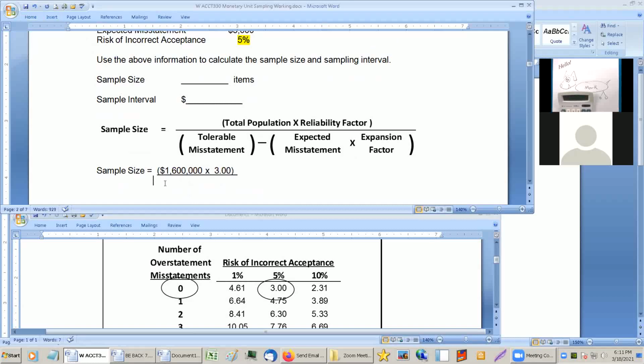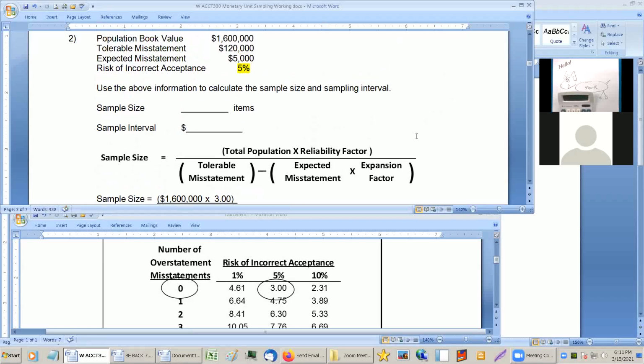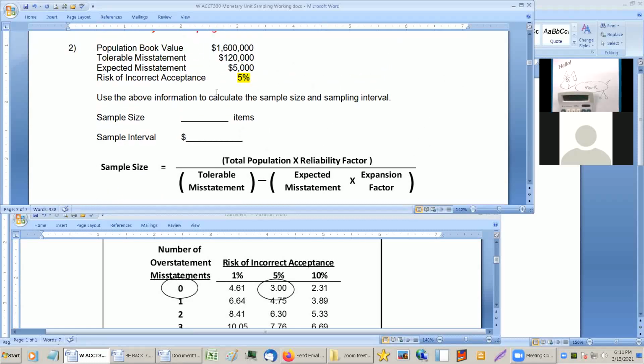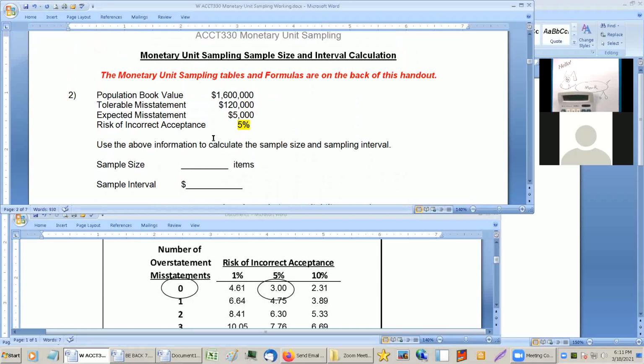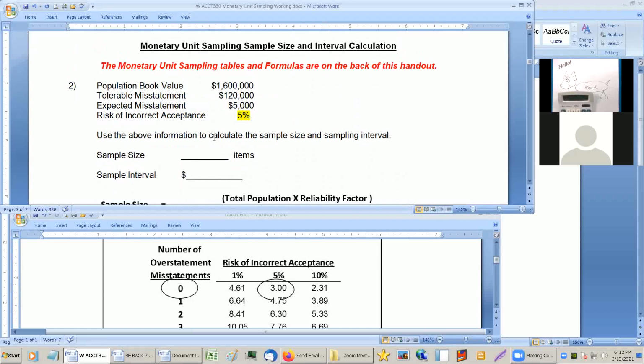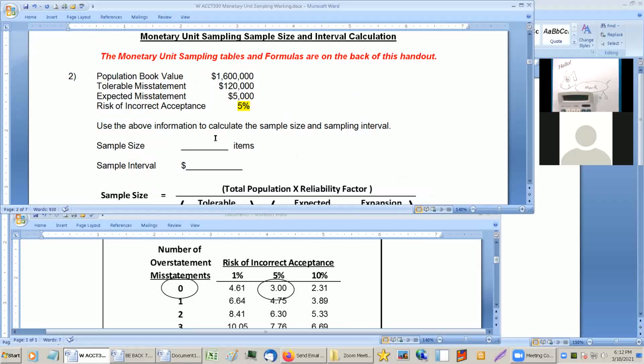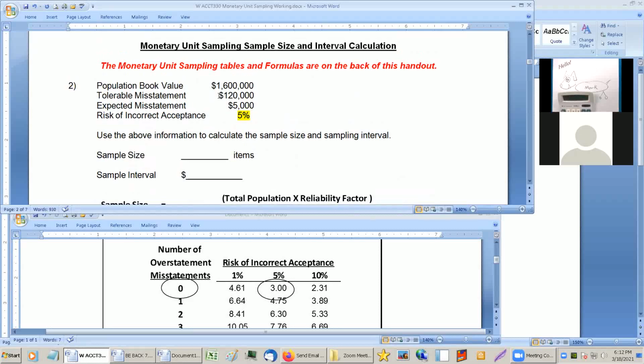Underneath, we need our tolerable misstatement. And again, that's for whatever account this is. It doesn't say what kind of account it is. Sorry about that.